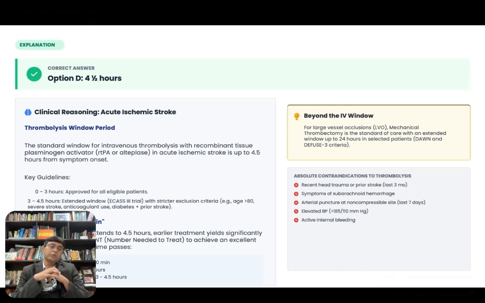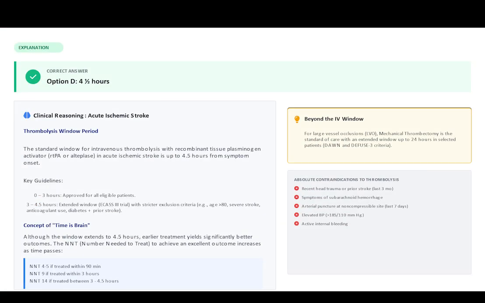Another special point about acute ischemic stroke is the treatment of blood pressure. Is it required? Yes, the answer is you have to treat blood pressure on a case to case basis. If the blood pressure is more than 220 by 120 mmHg, you should treat.